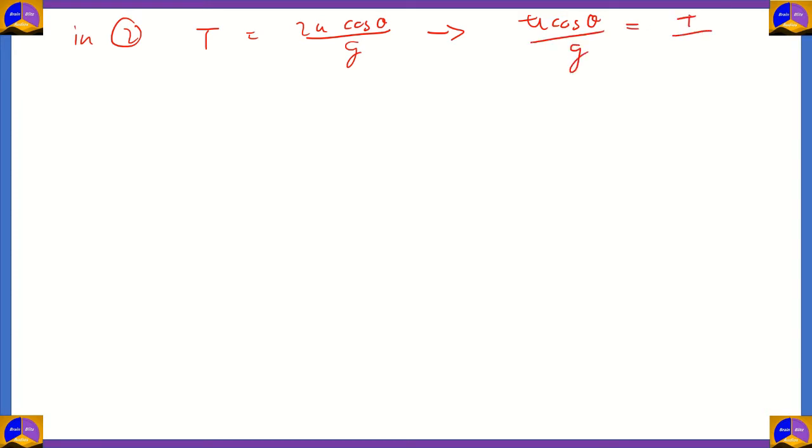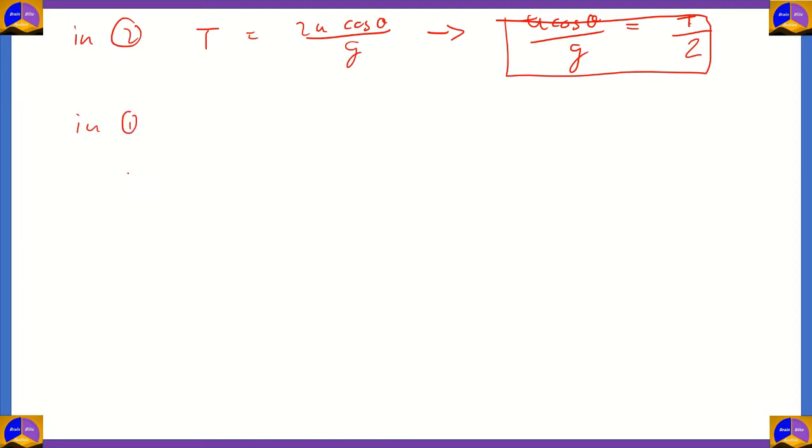Now, in equation 2, t equals 2u cos theta divided by g. So therefore, we can write u cos theta divided by g as the time period divided by 2. Now we'll put this value in equation 1.